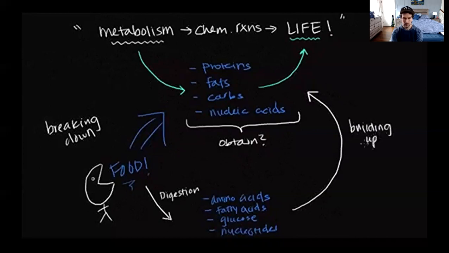So essentially, you can see all of these subunits or monomers as Lego pieces that we're reconstructing to build the right configurations of proteins, fats, carbs, and nucleic acids that our body needs.